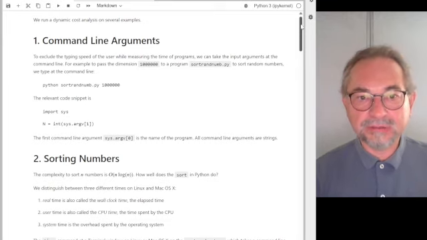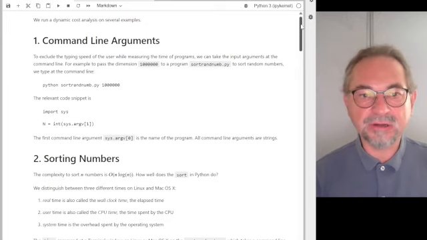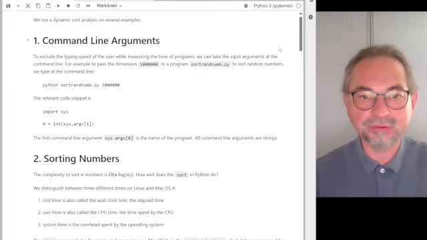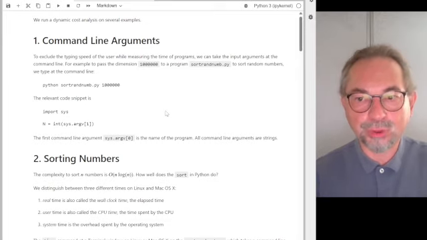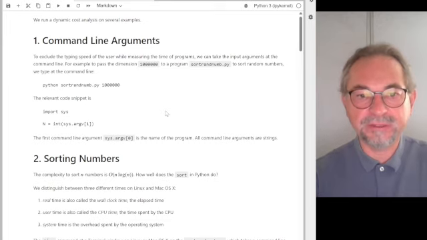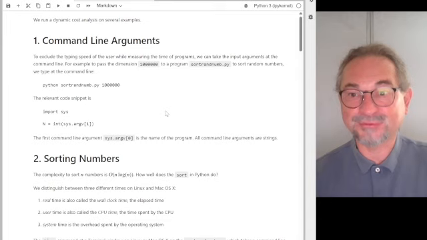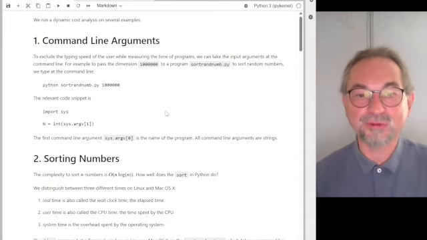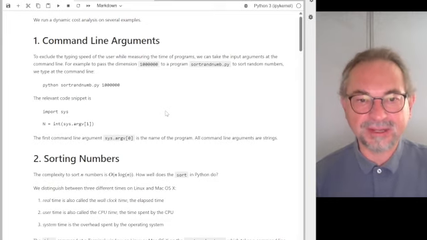In Python, you can get the command line arguments using the sys module. So here, this is a code snippet. You import the sys module and then the argv, that actually comes from C, so the C programmer will recognize this. You then get the first command line argument.